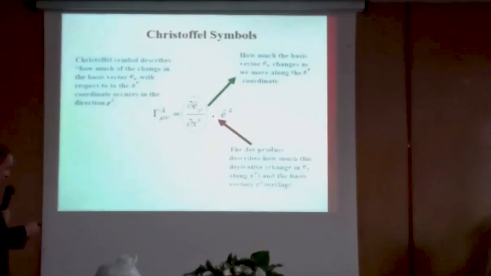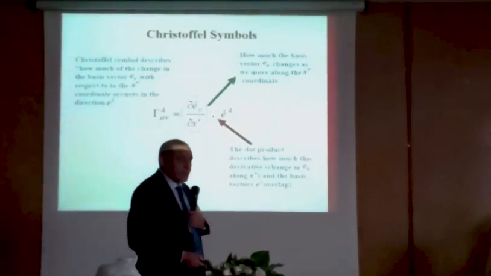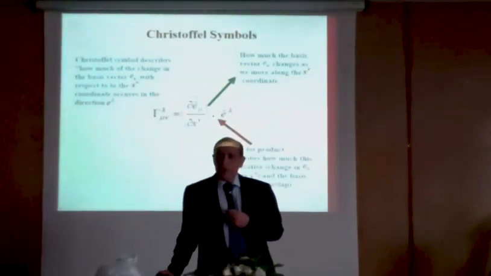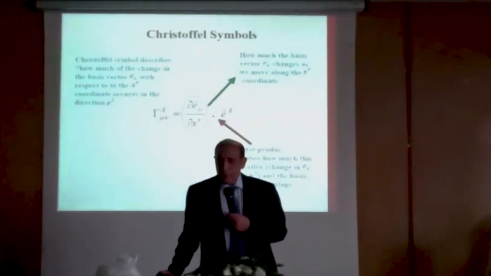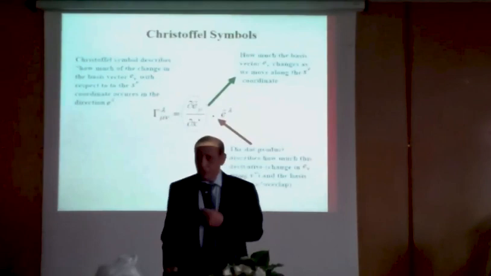Now here is another definition of the Christoffel symbol, and this definition is in terms of what we call basis vectors. Now what are these basis vectors? You know in a rectangular coordinate system, the basis vectors are i, j, k. You know this.